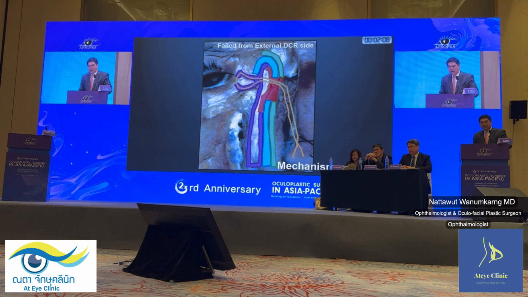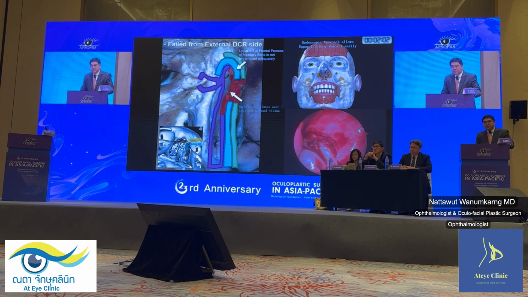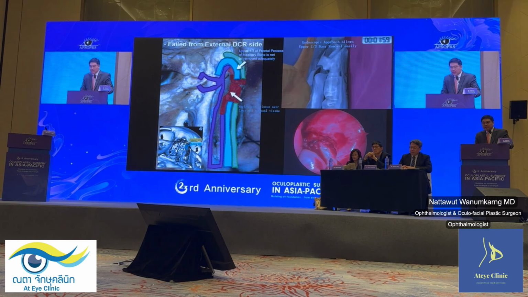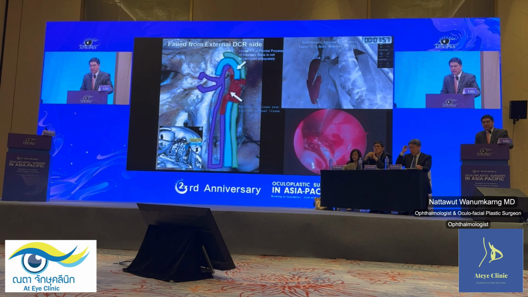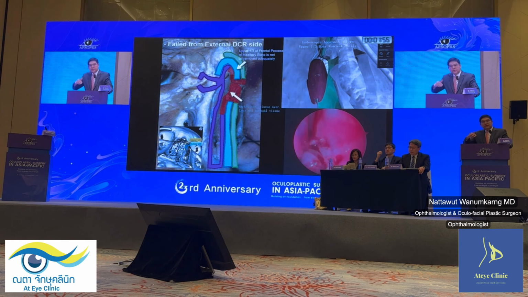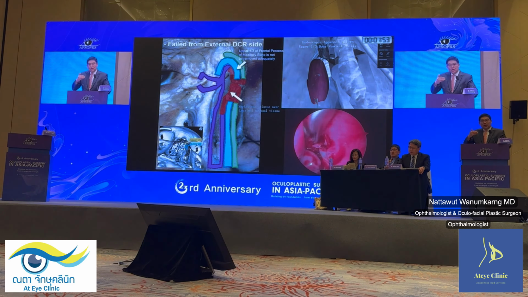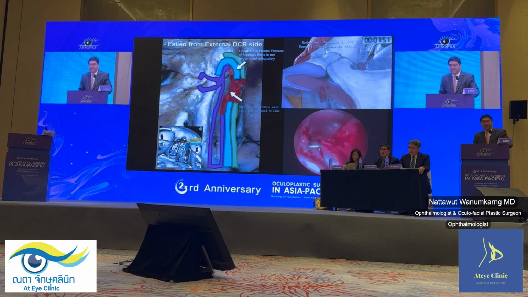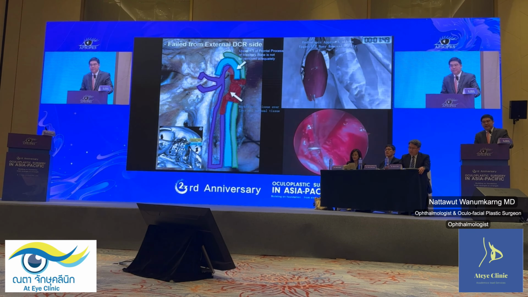And what we found, the mechanism is, when we take the stent out, total obstruction happens. This shows part of the bone, and to approach, we need to evaluate the bone and remove the upper one-third of the bone properly.